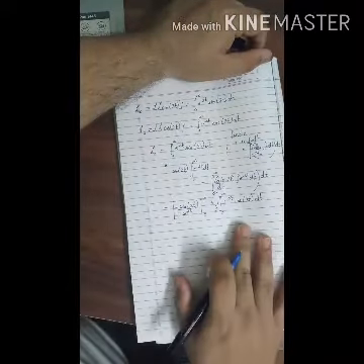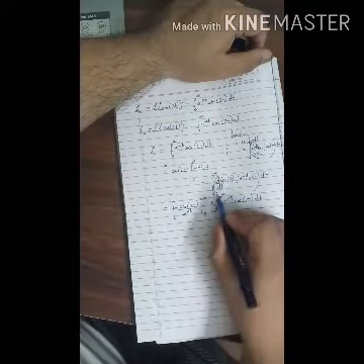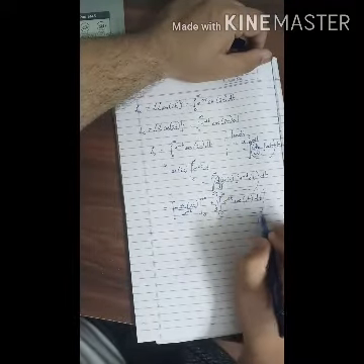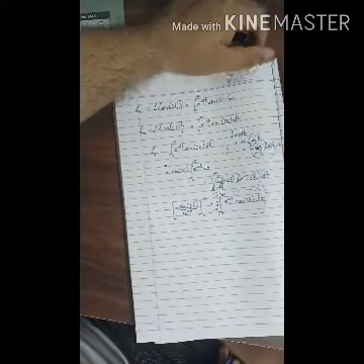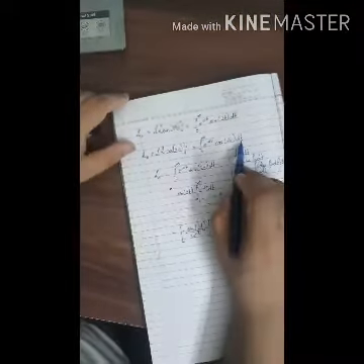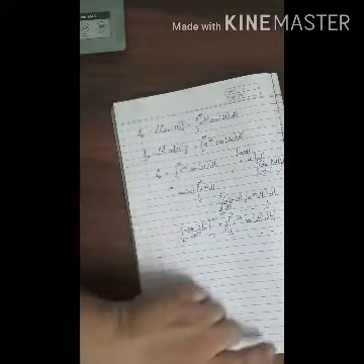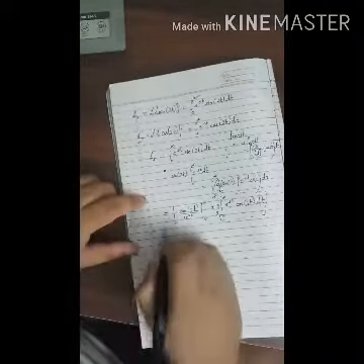If you see this expression right here, it seems pretty similar, and that is LC, the Laplace transform of cos of 2t.